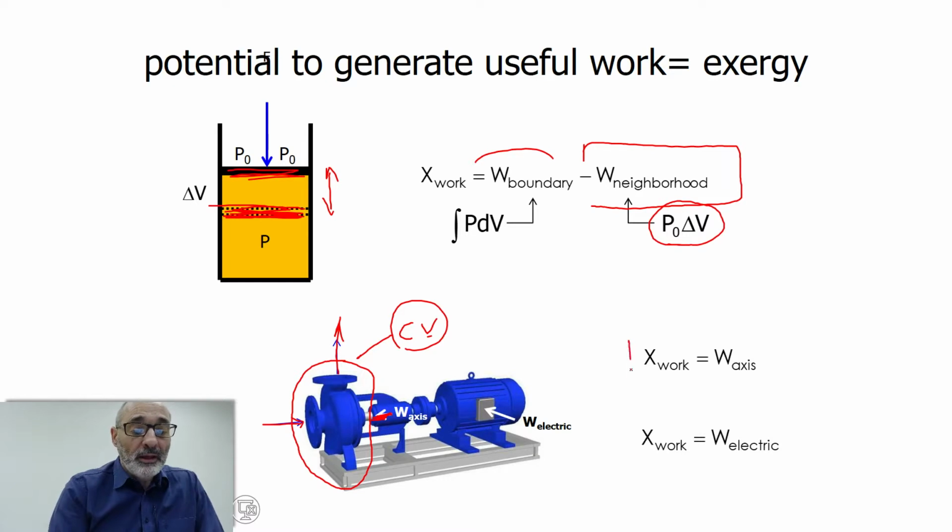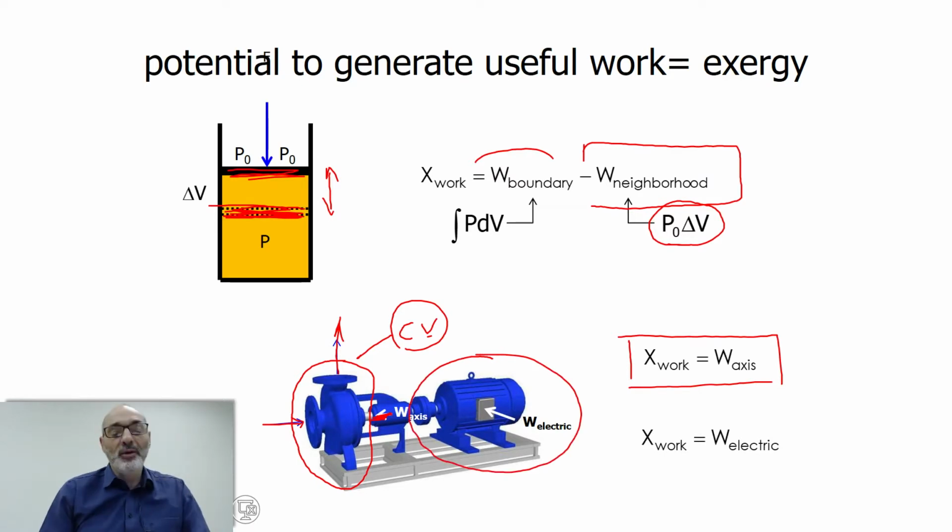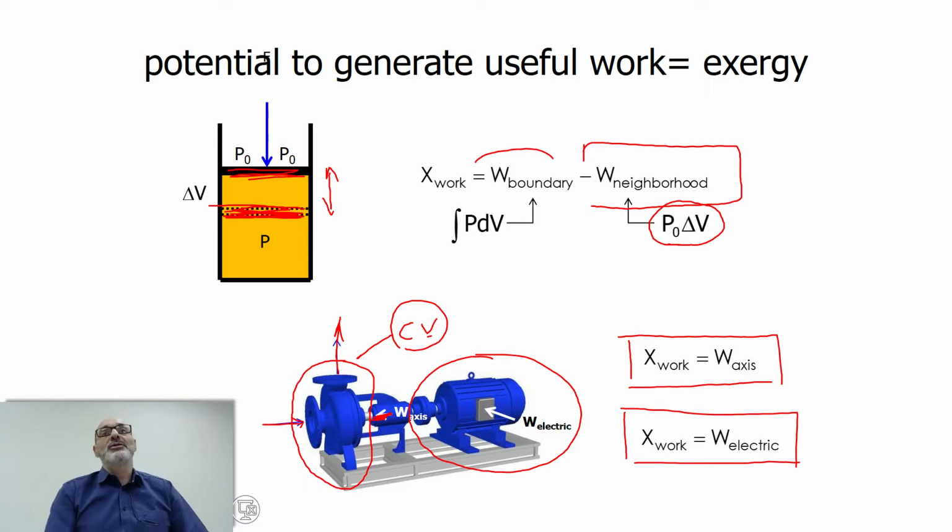So the amount of exergy is exactly the amount of work injected in the control volume, okay? And if I do the same analysis, not on the pump, but on this electric motor, I arrive at the same conclusion.